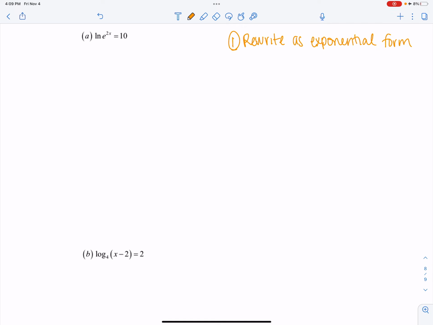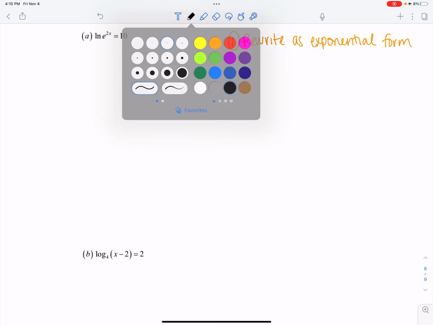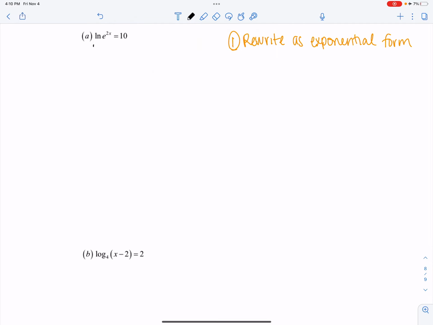So this tells us if natural log of e to the 2x equals 10, remember, if it helps, natural log is the same thing as log base e, so we have e to the 10th power equals e to the 2x.